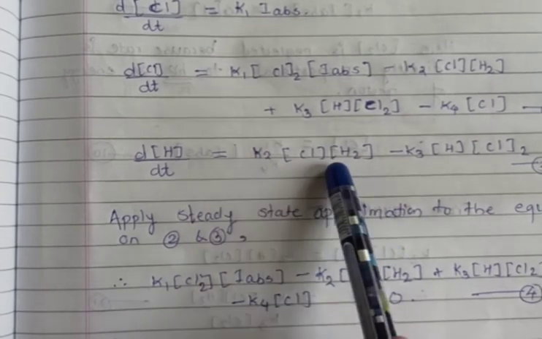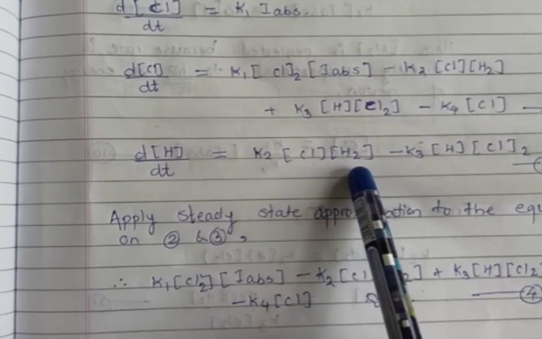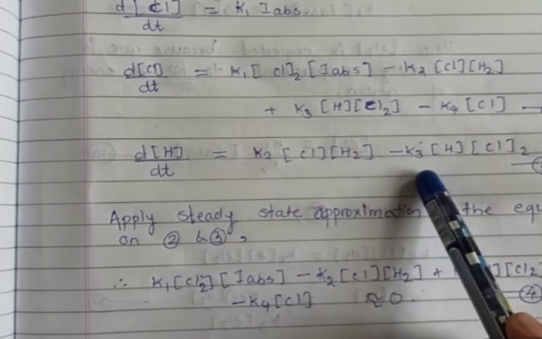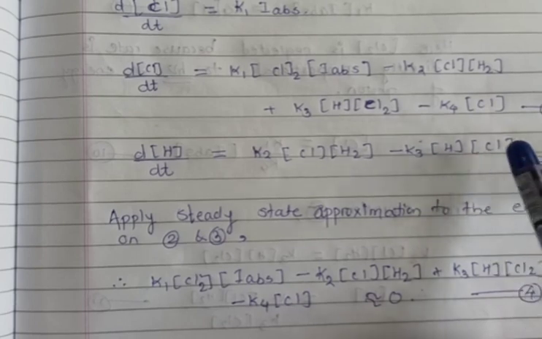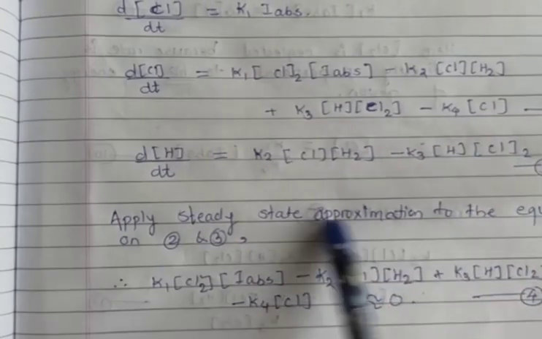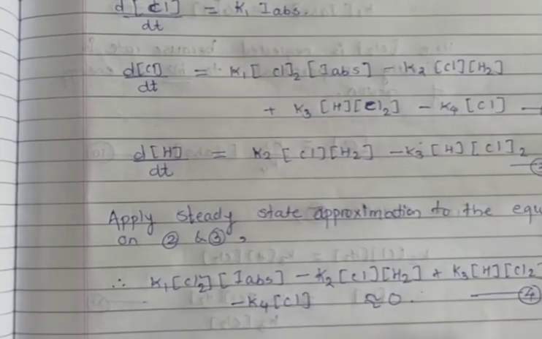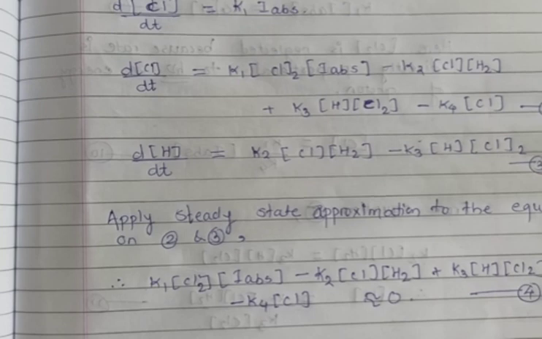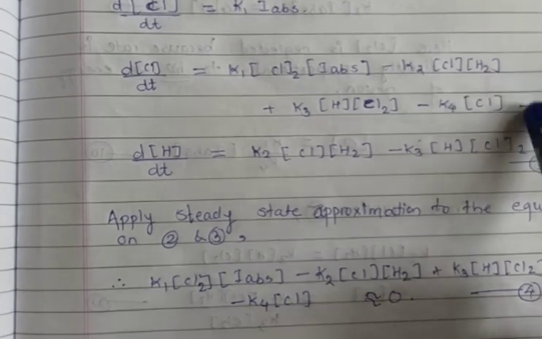Therefore, K2 into concentration of Cl into concentration of H2 minus K3 into concentration of H into concentration of Cl2. This is our third equation. So these are the rate of change of concentration of the intermediates with respect to change in time.